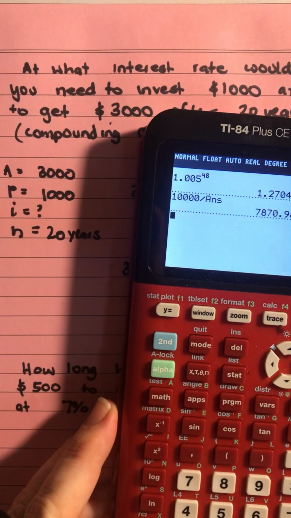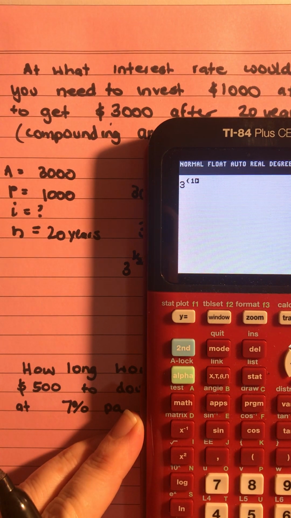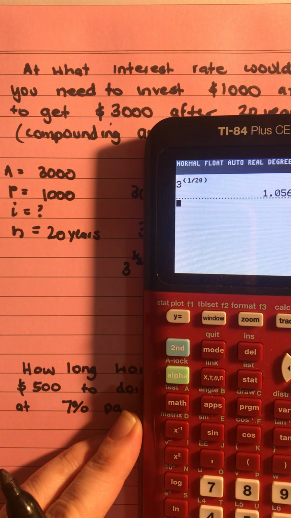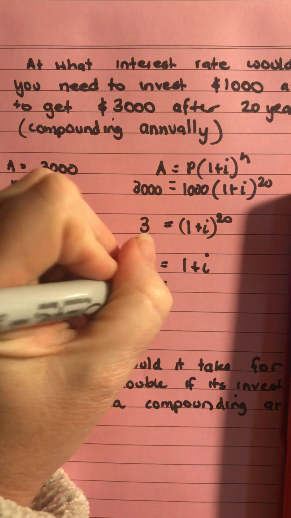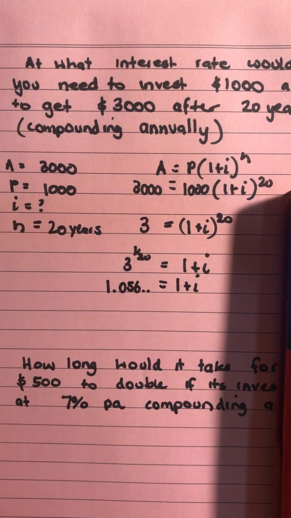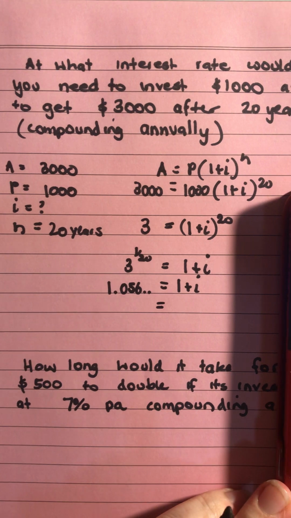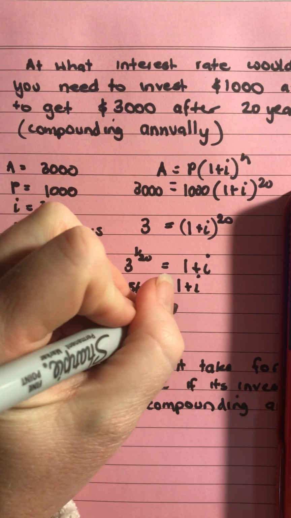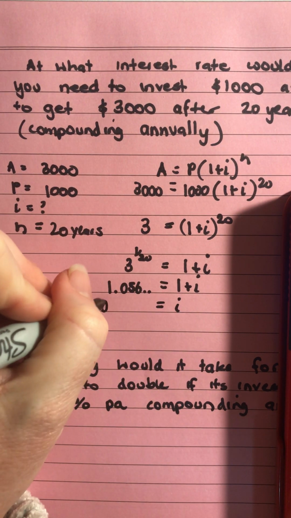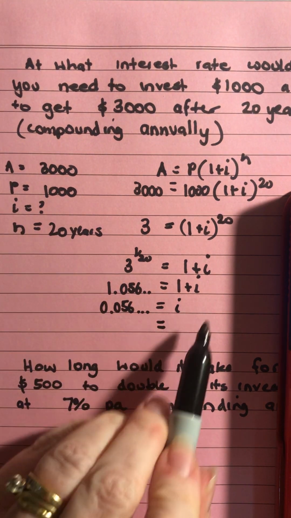So I'm going to grab my calculator. I'm going to go 3 to the power of 1 divided by 20. And I get 1.056, and there's a few decimals after there. I'm leaving that in my calculator because then I'm going to do my take away 1 step. And I get my I is equal to 0.056... Now that's just as a decimal.